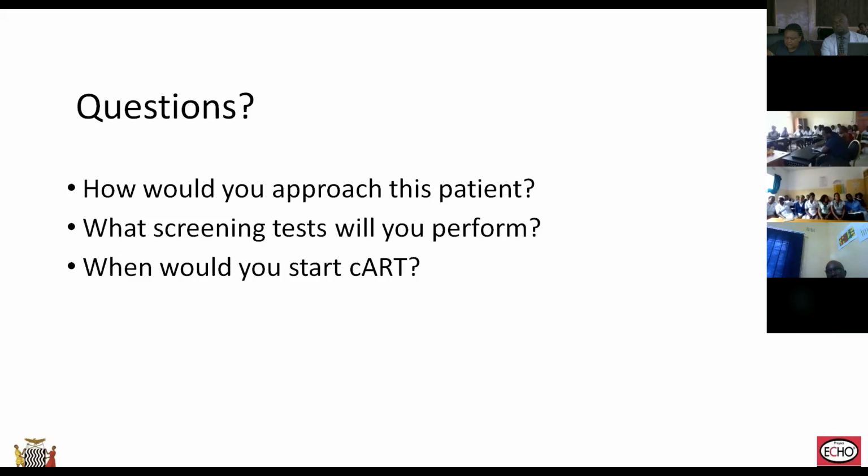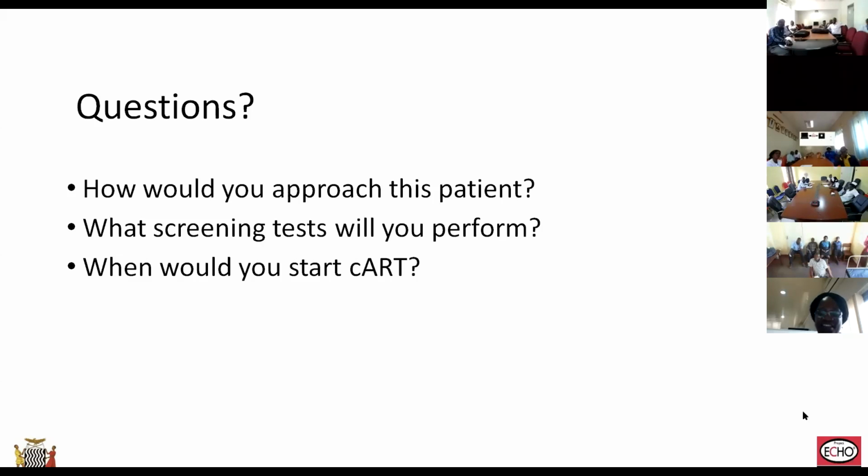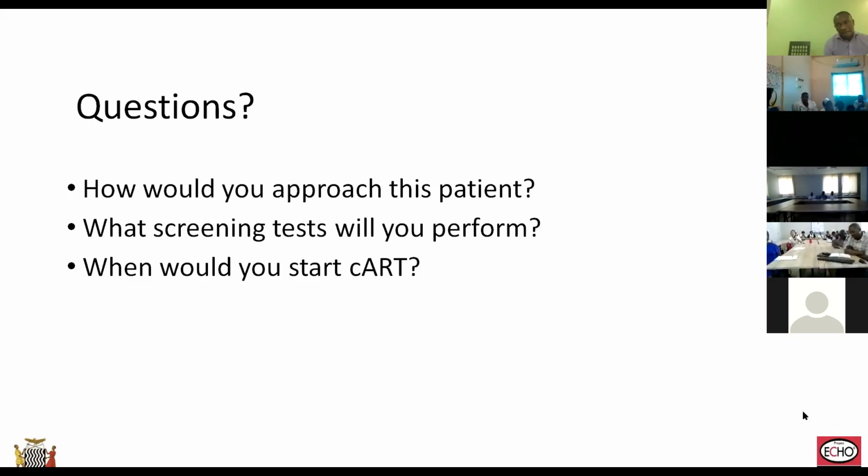The comment is on the hematinics. I don't think it would be necessary to start hematinics in this patient who seems to have an active infection, as it may create a breeding site for bacterial infection. So I think hematinics will really have to be put on hold. And then the other concern: I heard Livingston saying it's an easy case.